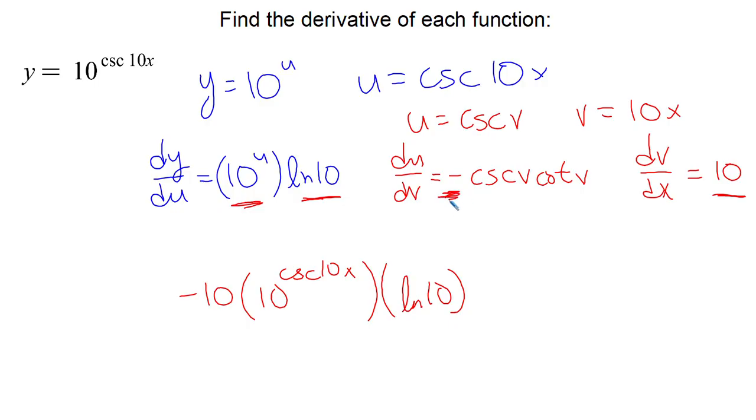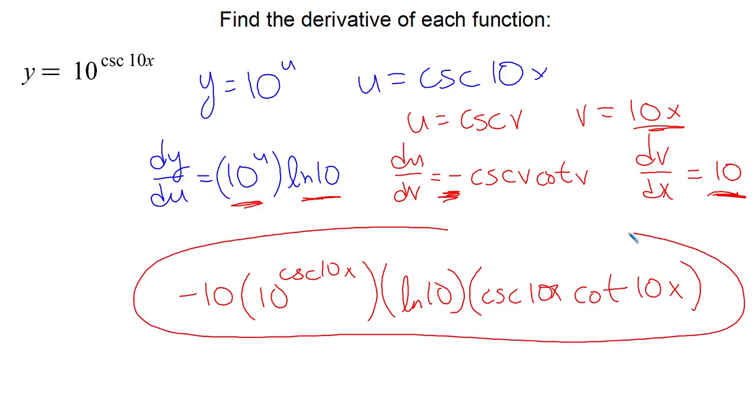And we've already dealt with the negative sign and the 10, so now we just have cosecant v cotangent v, so that'll be cosecant 10x, because v is 10x, and cotangent 10x. And that should be our final answer. And that's the end of the derivatives of exponential functions assignment.